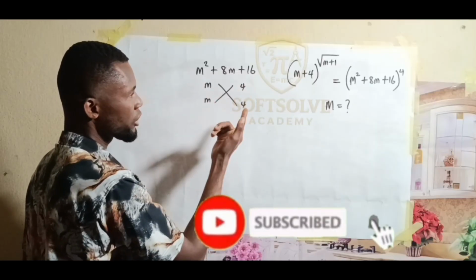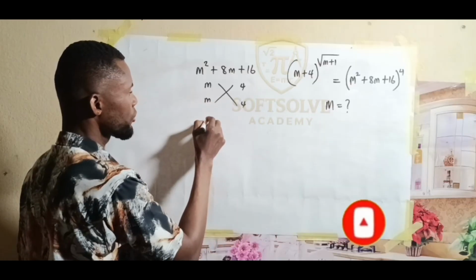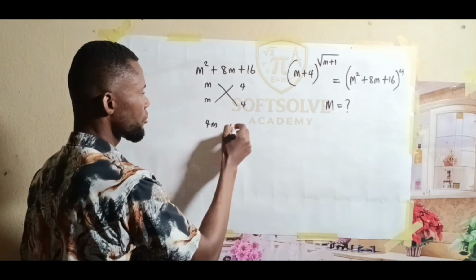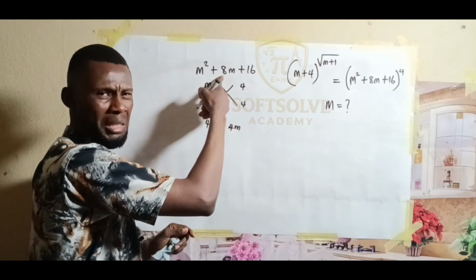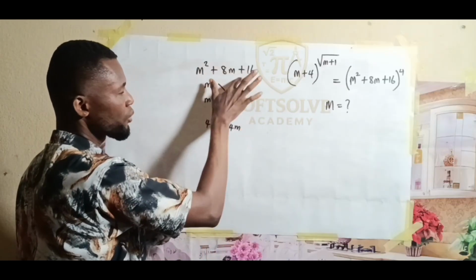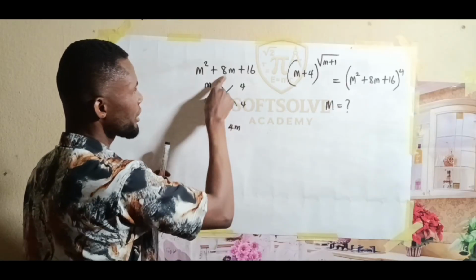We do 4 times m, which is 4m, then m times 4, which is 4m. When you add them together, it gives you the middle term, 8m. Very simple.